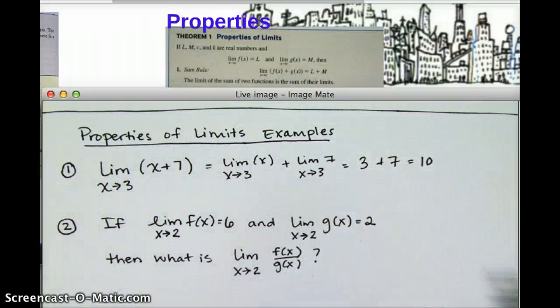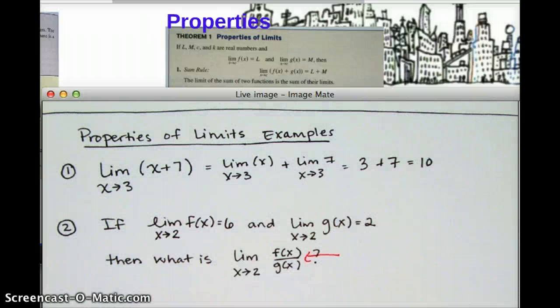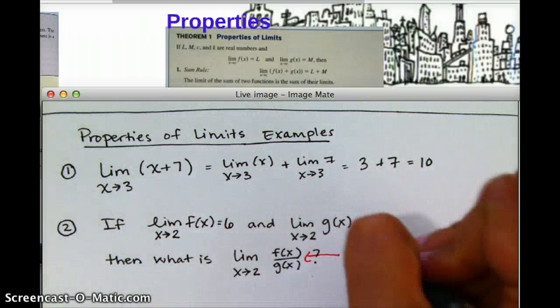I could ask you, well, okay, knowing that, what is the limit as x approaches 2 of f of x divided by g of x? And the quotient property tells us that this has to be the same thing as the limit as x approaches 2 of f of x divided by the limit as x approaches 2 of g of x.